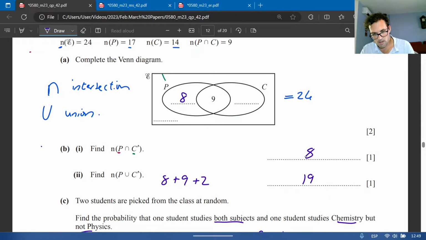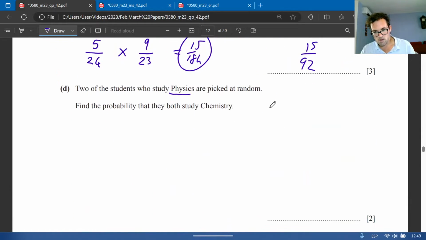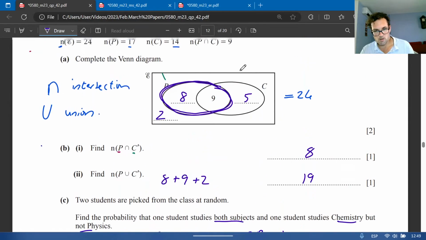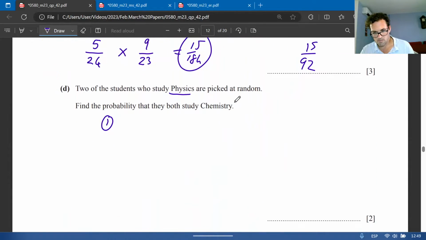Remember there was 8, 2, and 5. We're only picking from this spot here. Alright. So now, if we pick the first student, there's only 17 we're picking from.